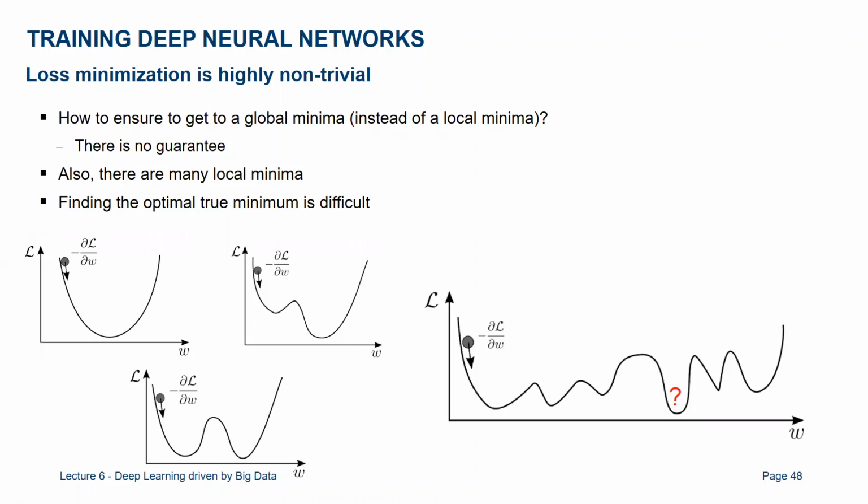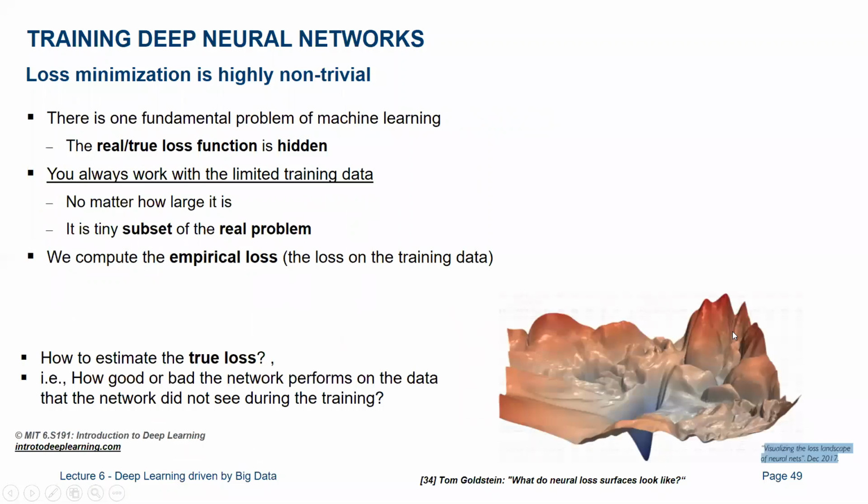This is the main deal here, to find hopefully the minimum. As you can see here, if you consider one weight, you might end up stuck in local minima. It really depends on your data, because the loss function is determined by the training set that you get as input.